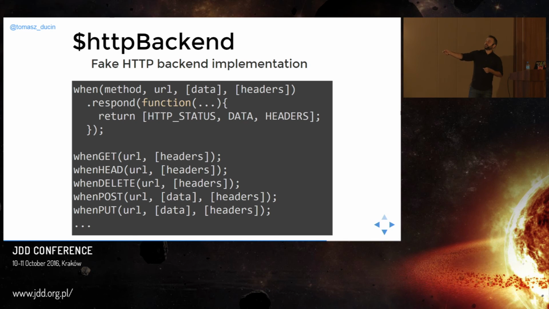So we can access all the parameters here, like if it's GET, what kind of URL this is, what parameters were passed to this request. It can do any kind of processing here, and this processing might include updating the data from the scope, right? So that we can add an element to the collection, so that the next GET will return the new collection, right? And of course, we return the same triple of data.